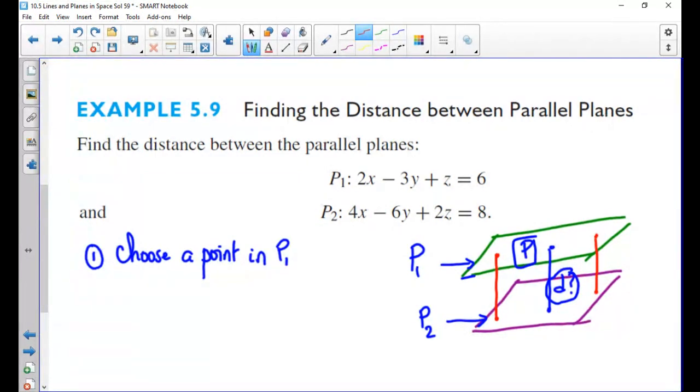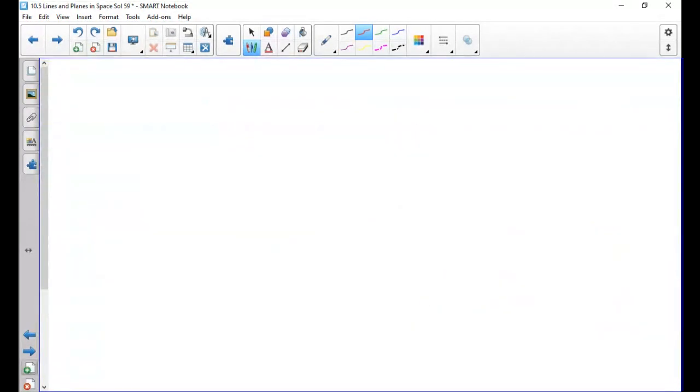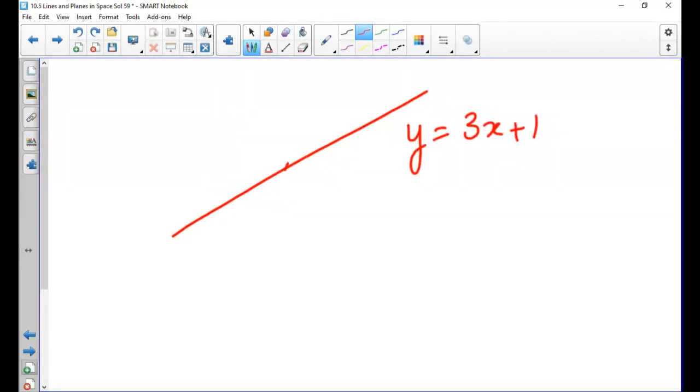Now, how do I choose a point on a plane? Suppose I say, here is a line, here is its equation. Give me a point on this line. How do you do that? A point means the coordinates. I need X, I need Y, to find the point. So how do I find the point on a line if I have the equation of a line?